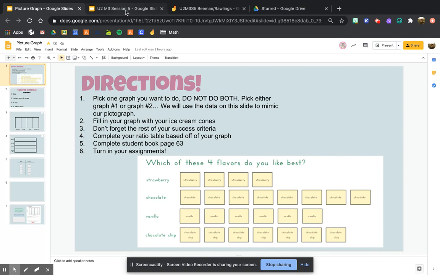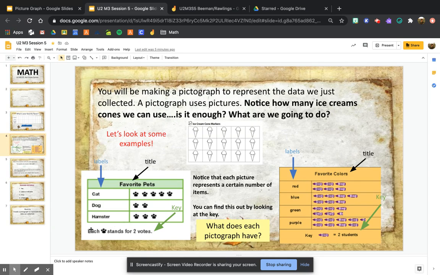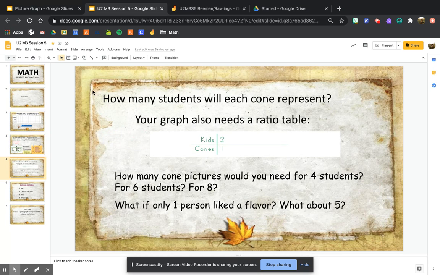Let's go ahead and go back to our other slides and look at our ratio table. So we know that we have our students and we're going to be using ice cream cones to represent our graph. So just like our other graphs, we had our key. We knew that a paw print stood for 2 votes or a color represented 2 votes. So if I have my cones right here, I say that for each 2 kids, I'm going to have 1 cone.